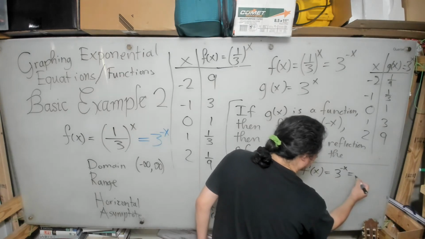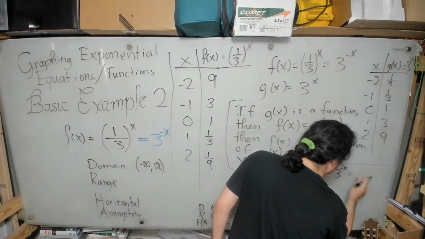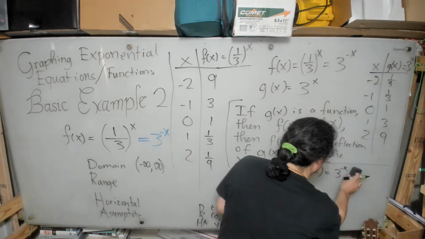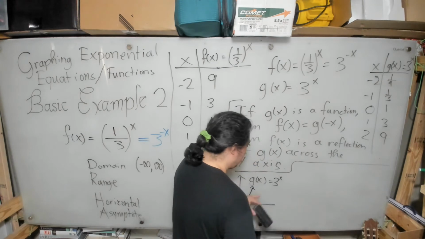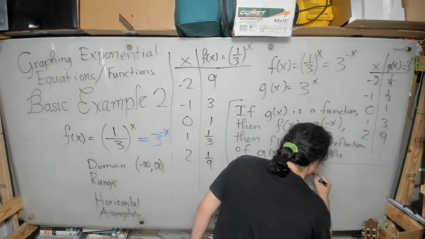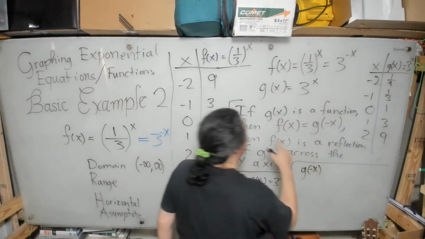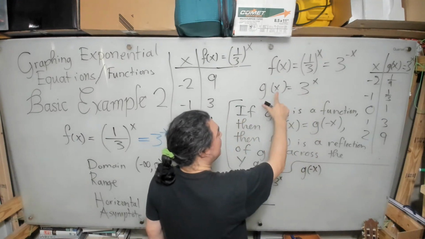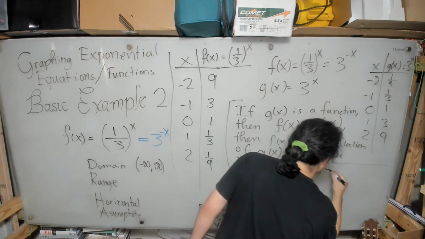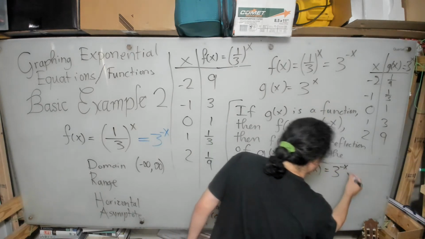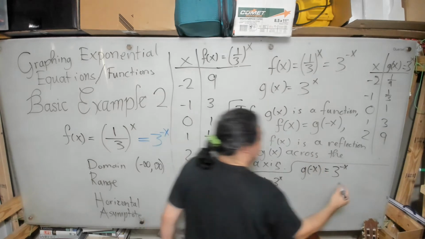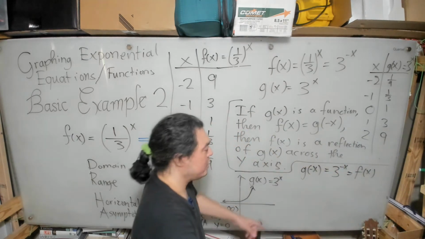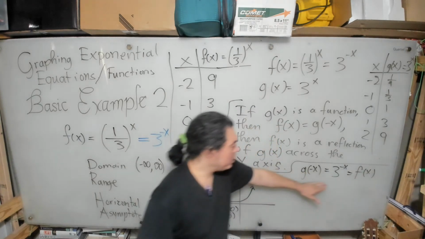Let me do it differently, because if I do it this way, you'll see it. If I take g of x, which is 3 to the x, and evaluate g at negative x, it'll be 3 to the negative x. But that's exactly my f of x. So what I've shown here is that I can write my f of x as g of negative x.